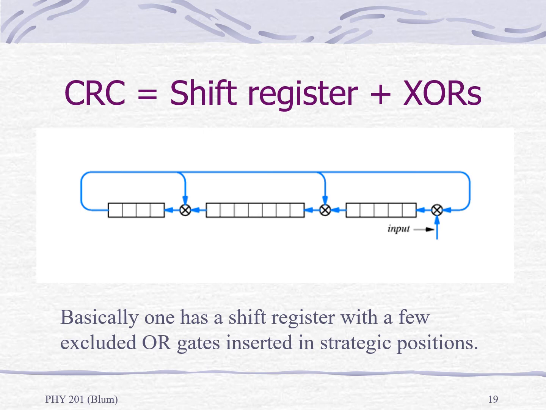So we've already had a shift register because we are at the level of transmission and we were shifting anyway. And so now we add some exclusive ORs to do this CRC calculation, this error detection scheme. And it just adds exclusive ORs in certain strategic positions to try and find the most common errors.